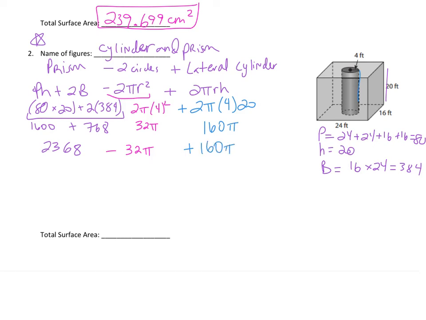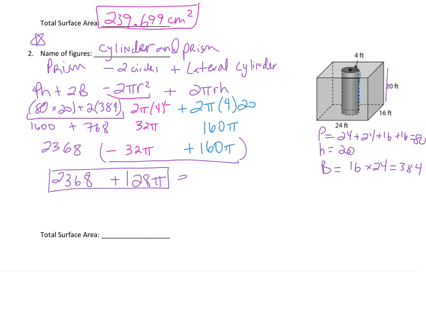Now something you could do to simplify this a little bit further is combine my like terms together first. I get 128 pi, and that would be positive. So then I can combine that with my 2,368. Now remember, if I want the exact answer, this would be the exact answer. Sometimes it's going to ask you in terms of pi, and that's what we would write.